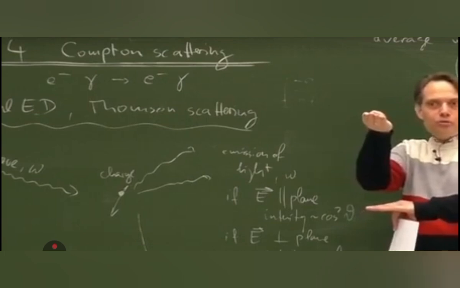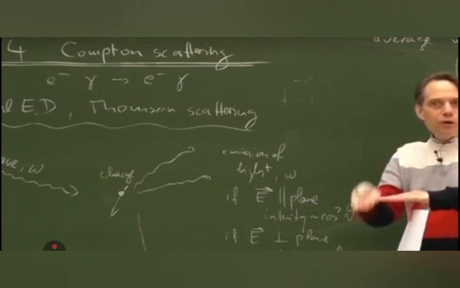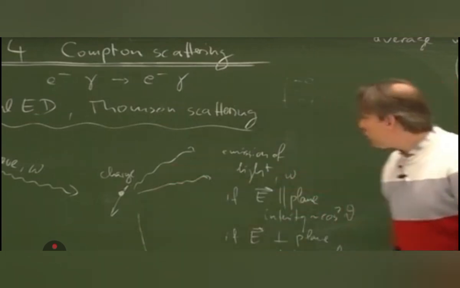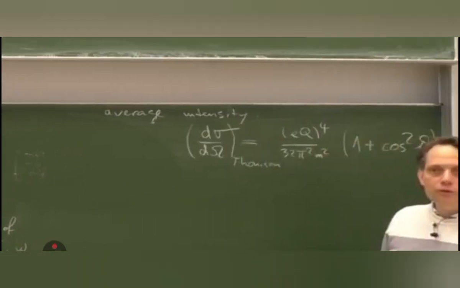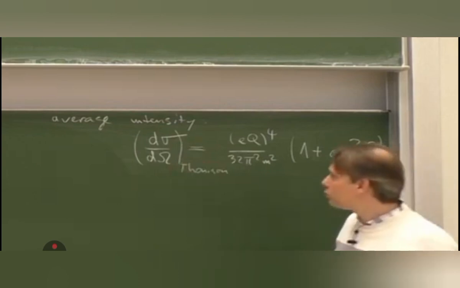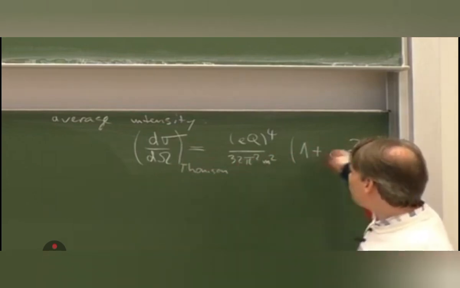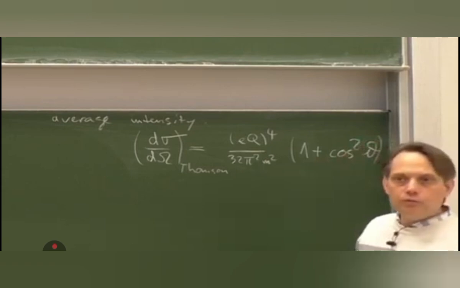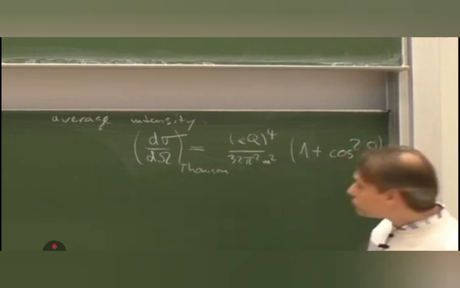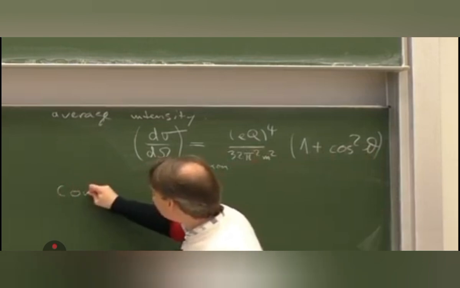But high frequencies are easy to obtain, and therefore you get this omega to the 4th rise of the cross-section in the case of Rayleigh scattering, and therefore the sky is blue and not red. But for Thomson scattering, we consider a free charge, and then we get this intensity from classical electrodynamics. Okay, now what is in contrast to this Compton scattering?